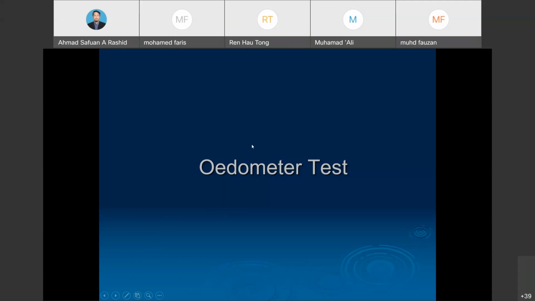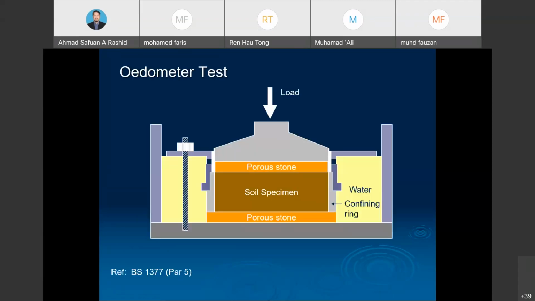Now let me describe in detail what the oedometer test is. This is the setup.